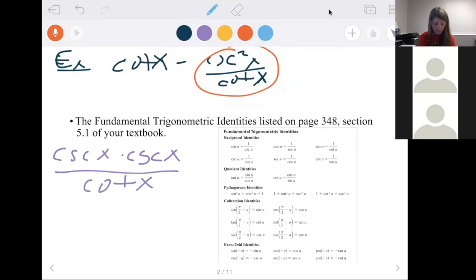Now, in this particular case, I would probably tackle this by getting rid of all reciprocal identities by flipping them. So this one is a little bit strange in that if you have cosecant, and think about this identity, you could write cosecant as 1 over sine. Right, so we have a reciprocal identity, but we already have a fraction.